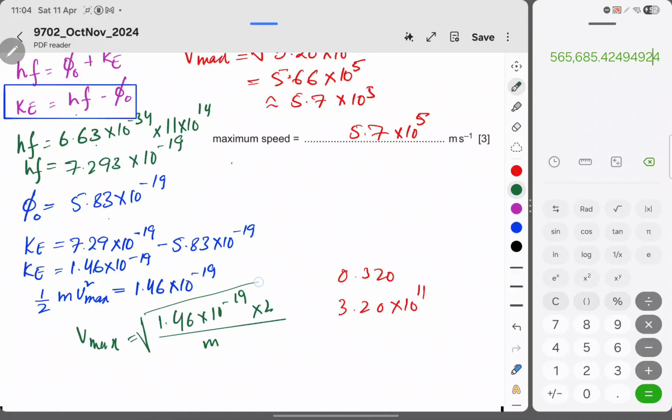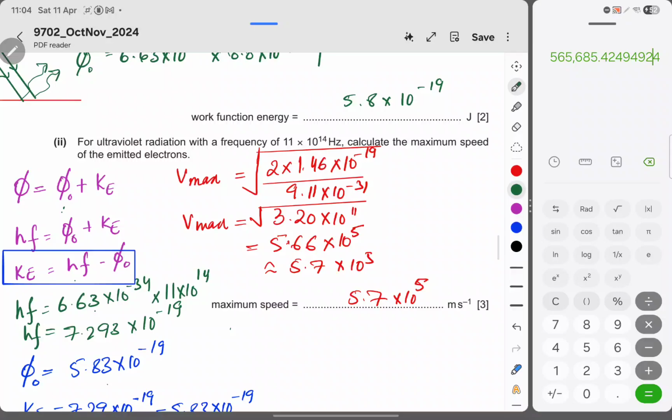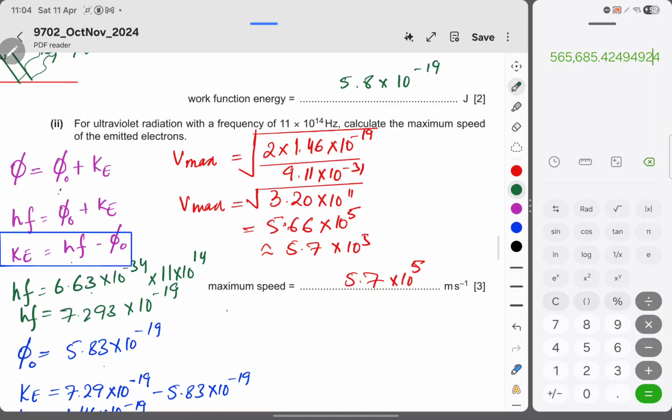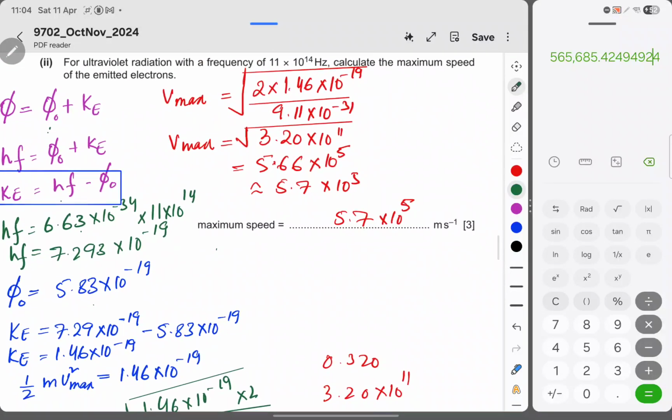After putting in the values, we got 5.66 into 10 to the power 5. So the answer to two significant figures will be 5.7 into 10 to the power 5 meters per second.